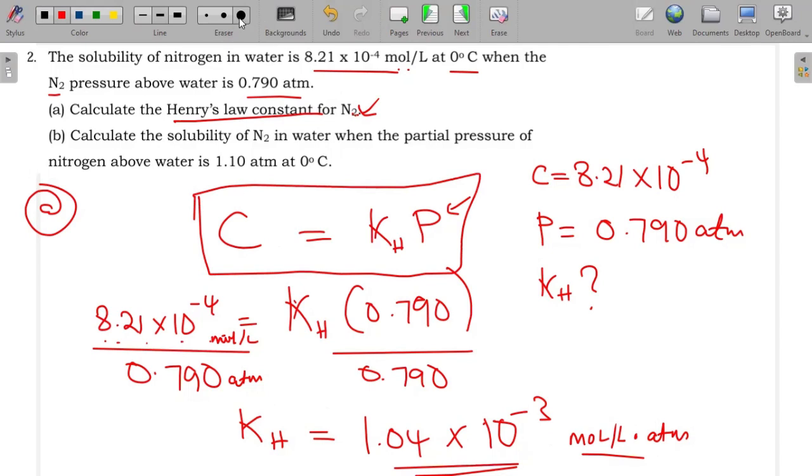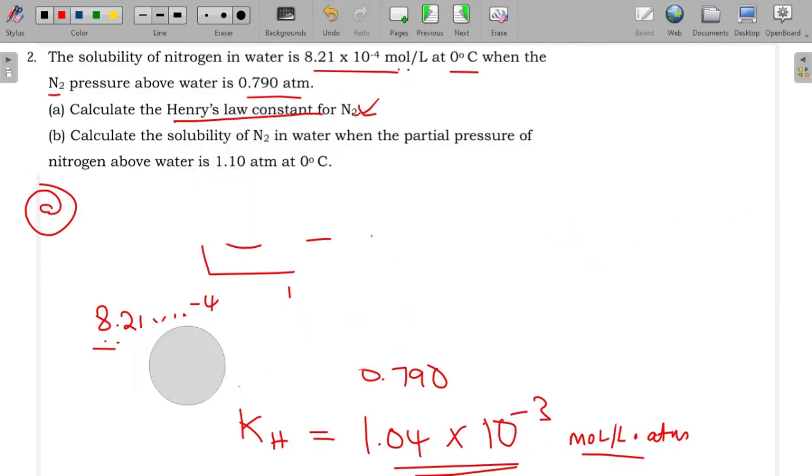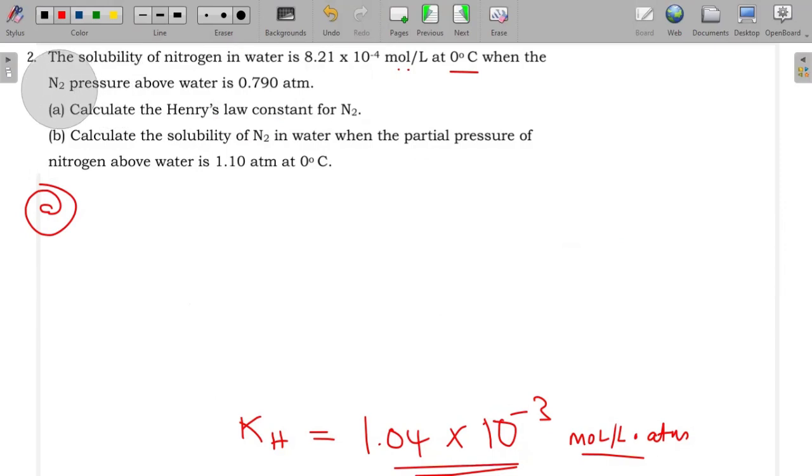From there, in part B, they're asking us to calculate the solubility, which is the C, of nitrogen in water when the partial pressure of nitrogen above the water is now 1.1 atmospheres. We have the constant.